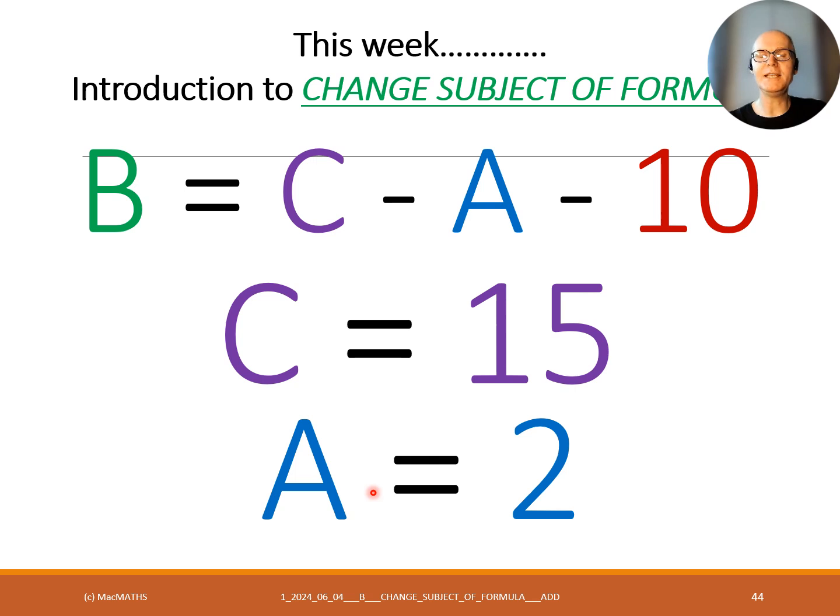Whenever you do one of these examples in a test or examination, you'll be given the variables for c and a, what they are, and you'll be asked to work out what b is. And you do that by substituting them into the formula.